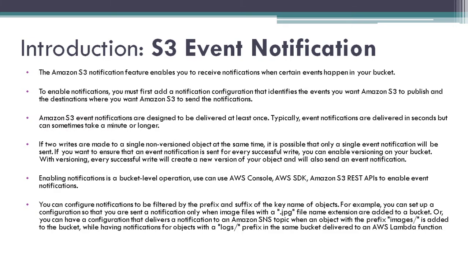For example, you can set up a configuration so that you are sent a notification only when image files with the .jpg file name extension are added to a bucket. Or you can have a configuration that delivers a notification to an Amazon SNS topic when an object with prefix images/ is added to the bucket, while notifications for objects with a logs/ prefix in the same bucket are delivered to an AWS Lambda function.